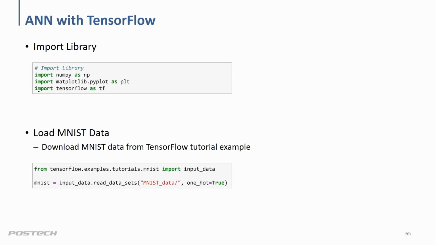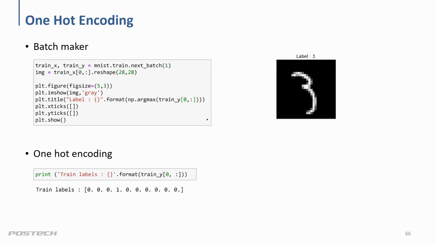So for that, I'm gonna import TensorFlow as tf, and here I'm gonna provide examples and tutorials in the MNIST data set. So for one-hot encodings, let me see. In the MNIST data set, we have train and we have test. There are 2 different methods here.